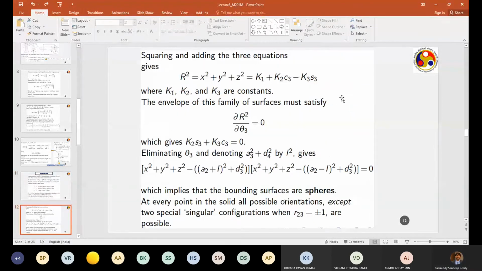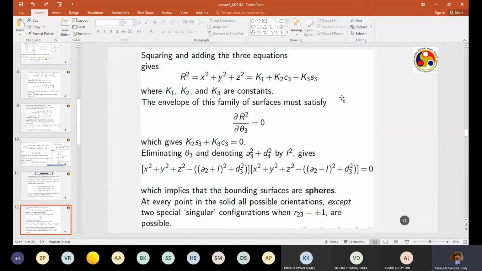Now when you square and add the three equations, right? You get r square equals x square plus y square plus z square equals something that looks like this. This is what we did to calculate theta 3. If you remember, we squared all the terms. We get some constant k1 plus some k2 into c3 minus k3 into s3, where k1, k2, k3 are some constants.